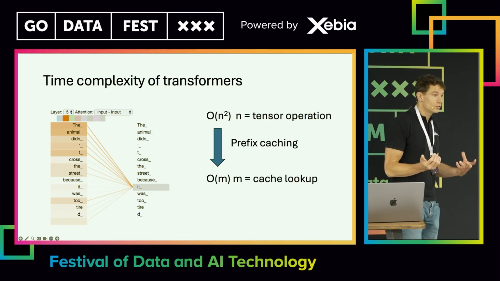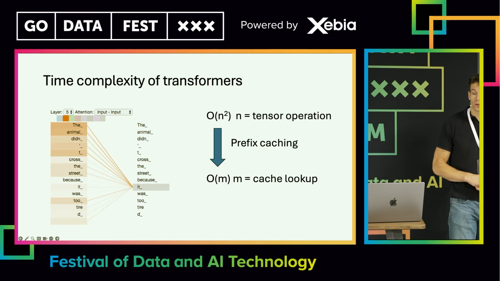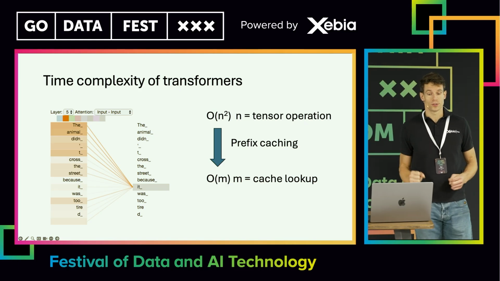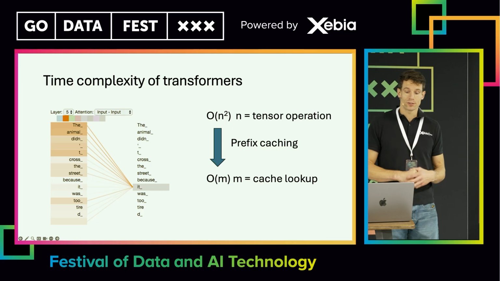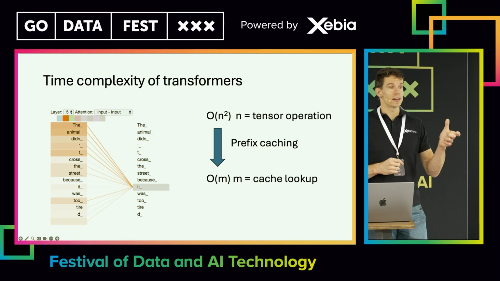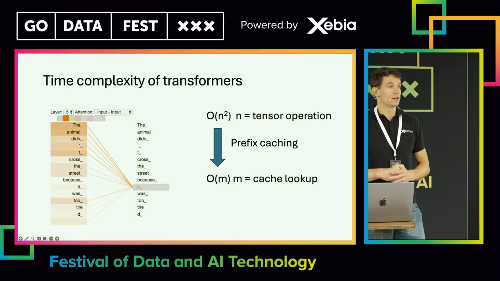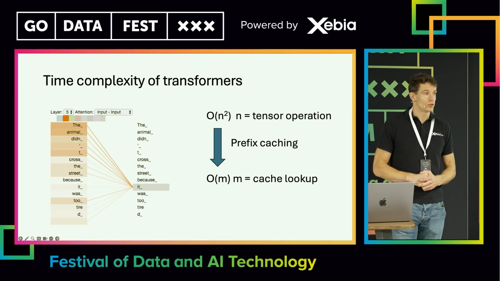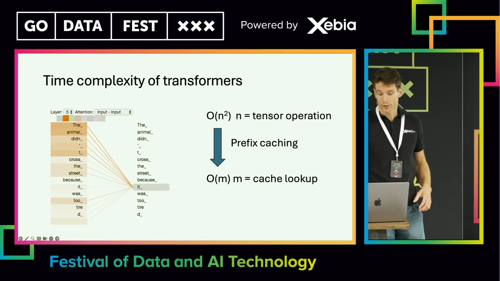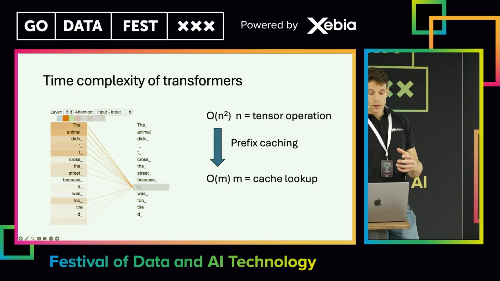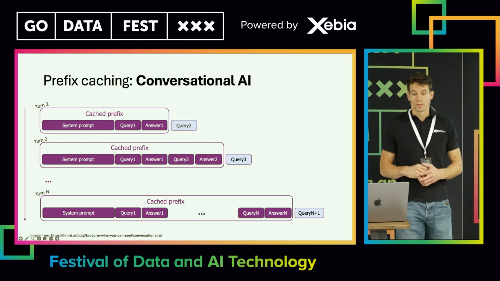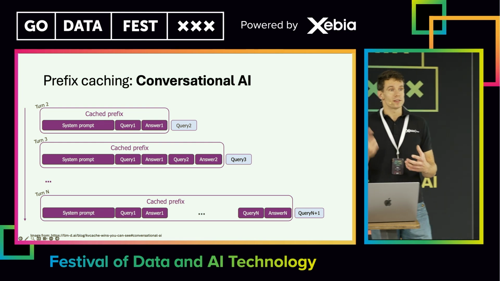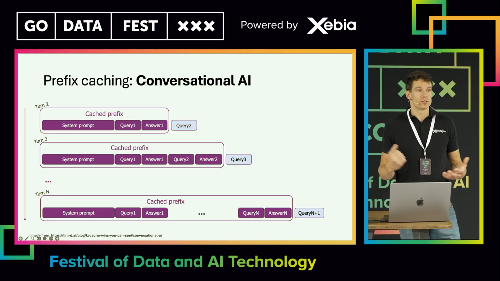So what most of these serving frameworks do, they do prefix caching. So they store computed results somewhere in a cache so that we can go from quadratic to a linear time complexity. So we reduce the latency that we need to respond. And when we get back to the use case that I just described, this is where it comes in, because we have this repetitive pattern with conversational AI.